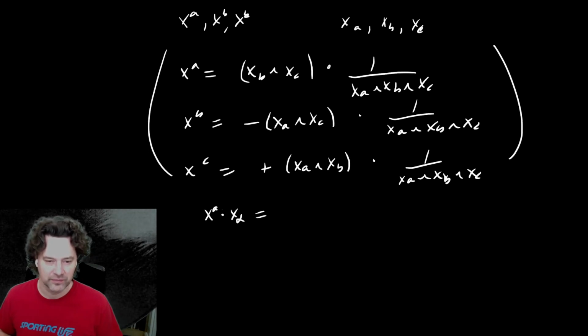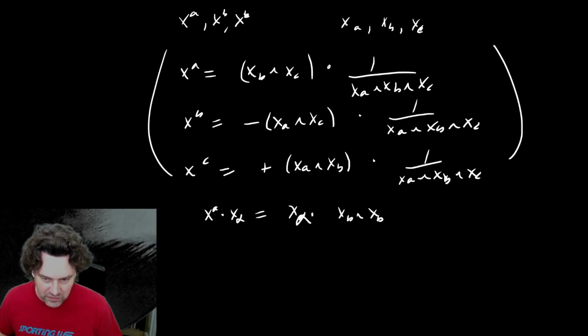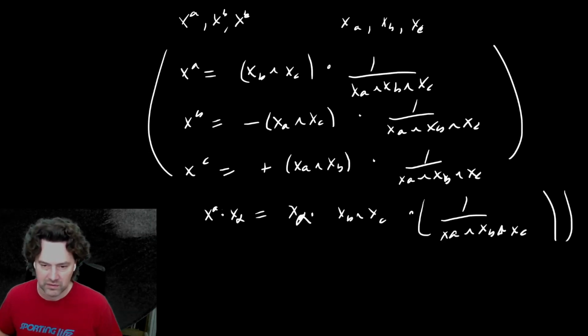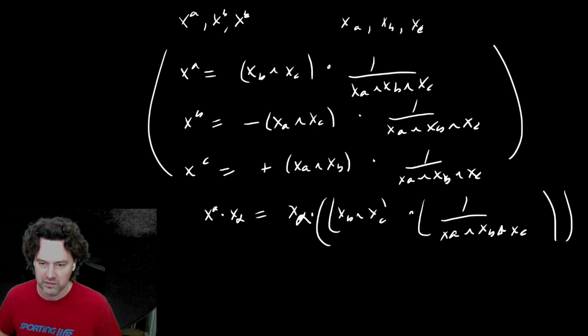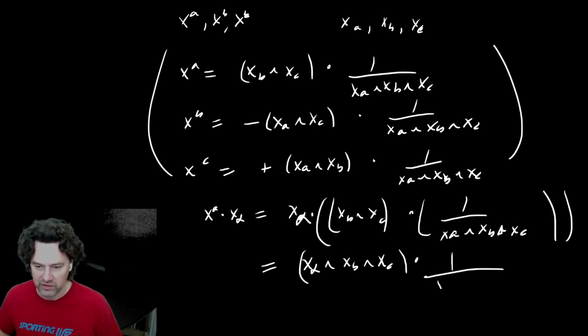We get x alpha dotted with x beta wedge x gamma, and using the distribution identity, that is just going to be x alpha wedged with xb wedged with xc all dotted with xa wedge xb wedge xc.